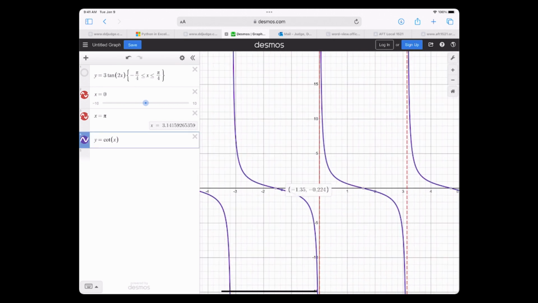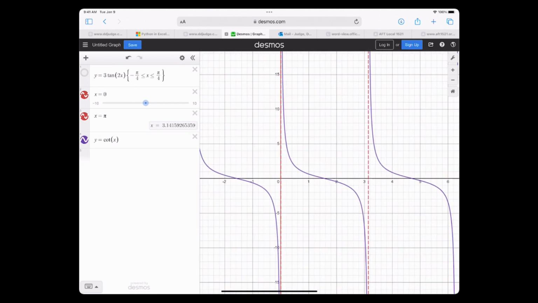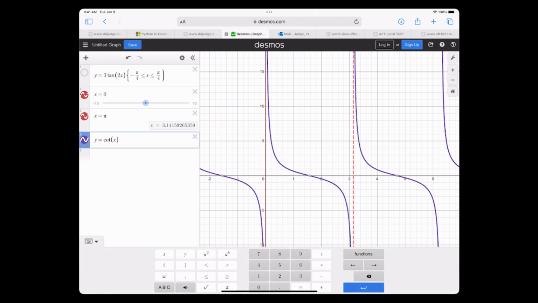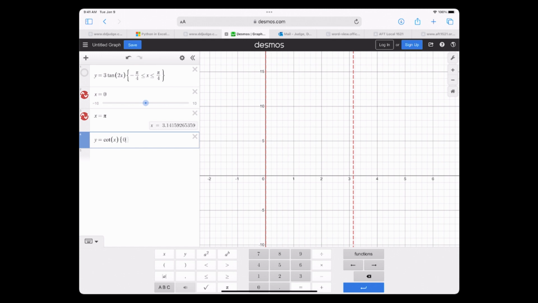I see infinitely many cycles of that curve for cotangent, right? That's because cotangent's periodic again. But if I restrict my domain in the same way for that one cycle, we're only going to graph one cycle. We can't graph infinitely many. 0 less than or equal to x less than or equal to pi, I believe, right?